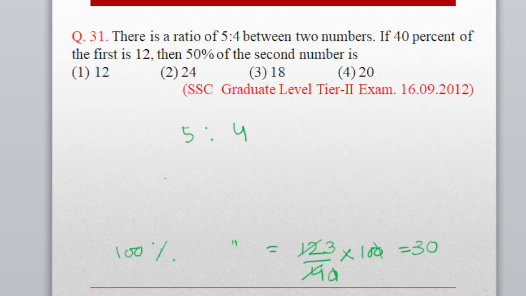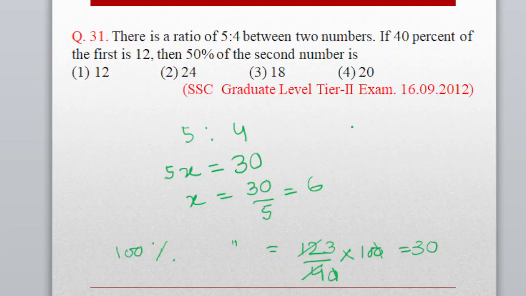Now first number means 5x. So 5x is equal to 30. Now x is equal to 30 by 5, so that is equal to 6.